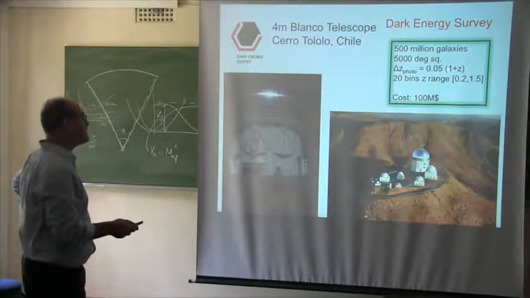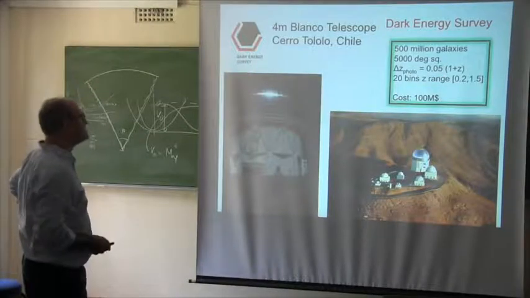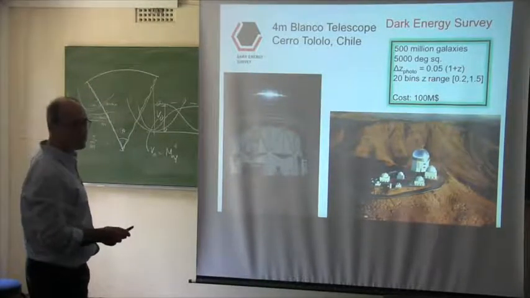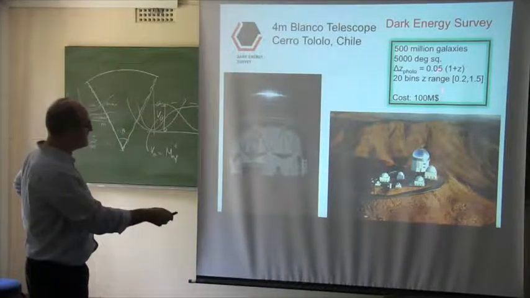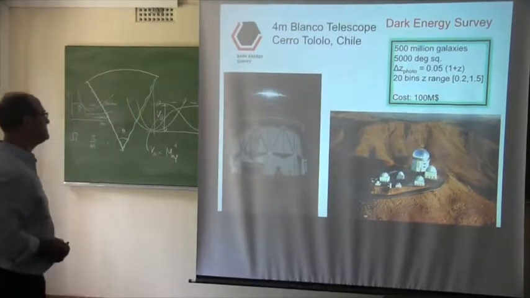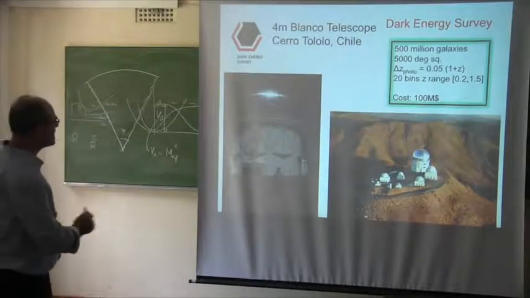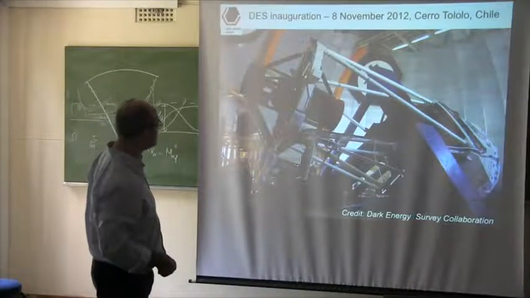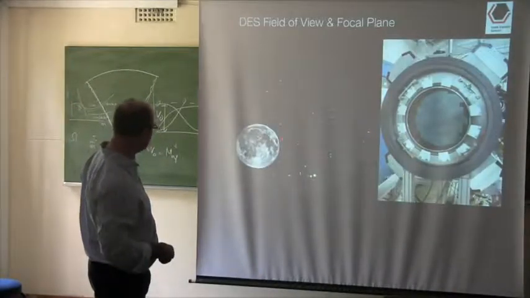It has maybe 3% possibly photo-z error, 1%, and we can do 20 bits. By having more bits, you will be able to tell what is the velocity evolution. It costs $100 million. So this was the inauguration on the 8th of November.